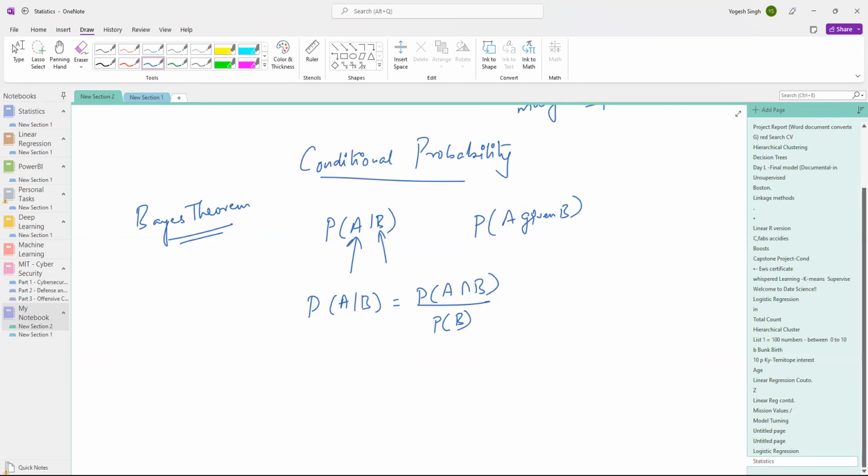Now, to understand this, let us take a simple example where the sample space is 1, 2, 3, 4, 5, and 6.